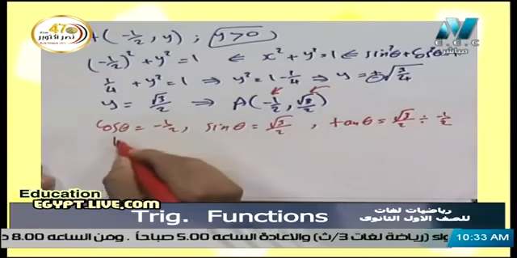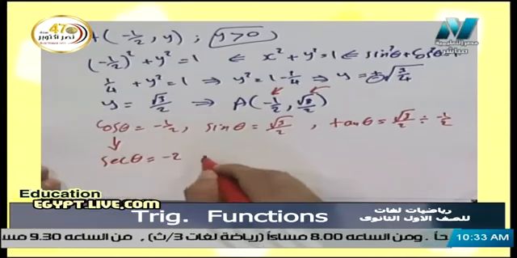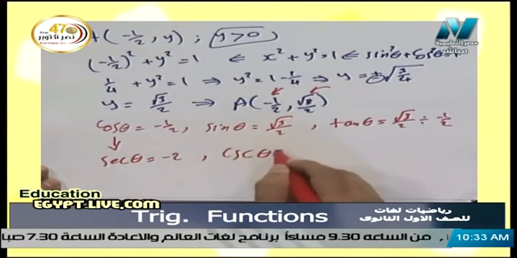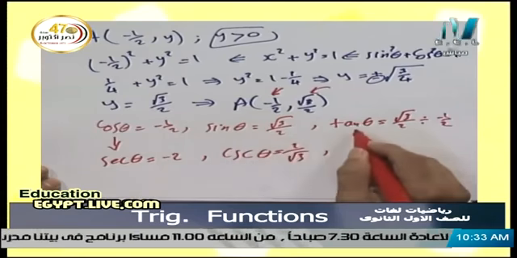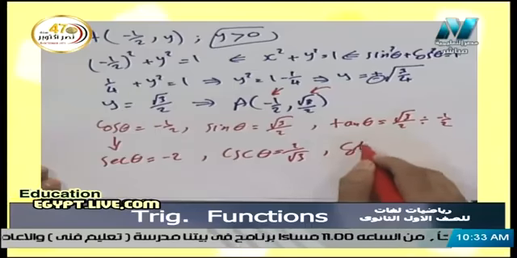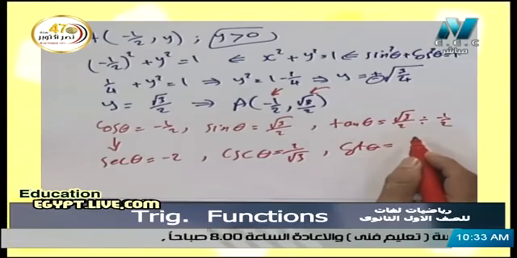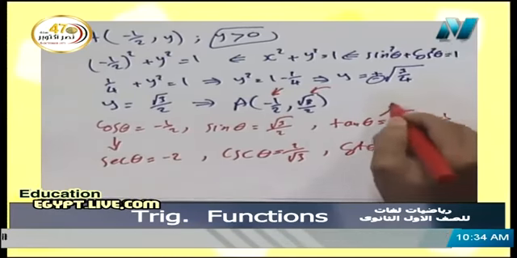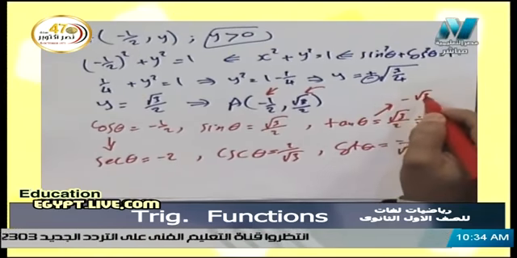The reciprocal of cosine is sec theta equal negative 2. The reciprocal of sine is cosec theta equal 2 over root 3, and the reciprocal of tan is cotan theta, which is negative 1 over root 3, because tan theta here is negative root 3 over 1.